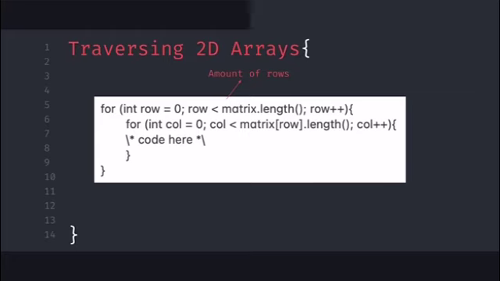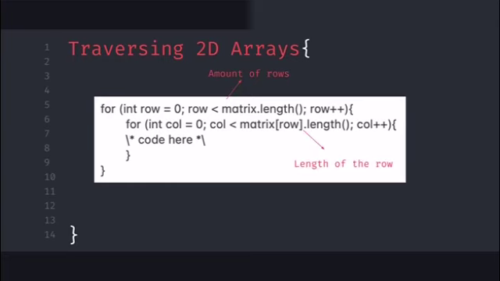For the limit, we'll limit the variable row to matrix.length, where in place of matrix, you replace it with the name of the 2D array that you want to traverse through, and then increase row by 1 each time the for loop has run.